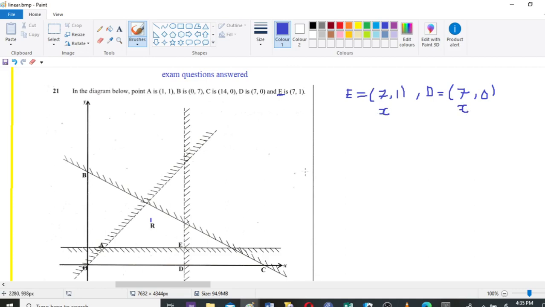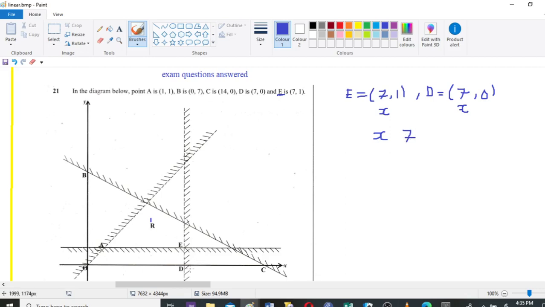You look at this line passing at E, it is passing at X, sorry, not Y but X. It is passing at X, which means in the X coordinate we have an inequality line passing at 7. So you have identified that, but what is the sign telling you?